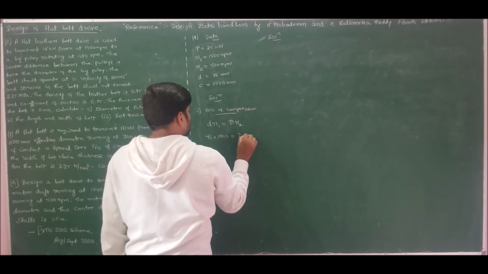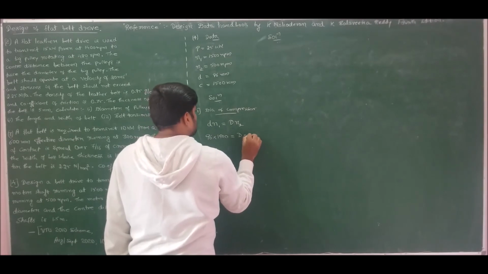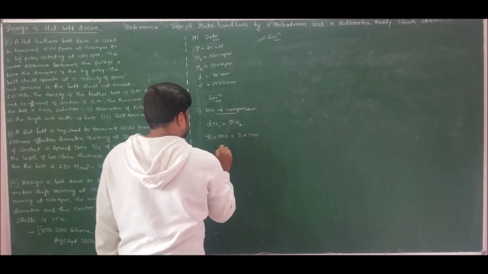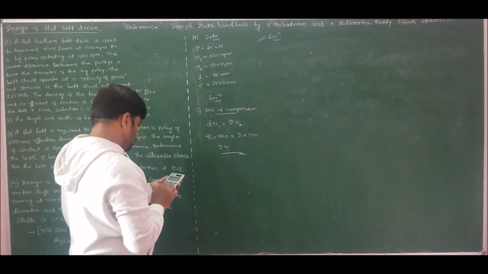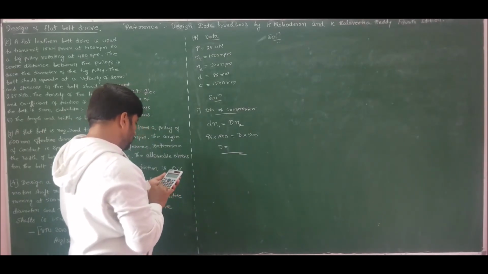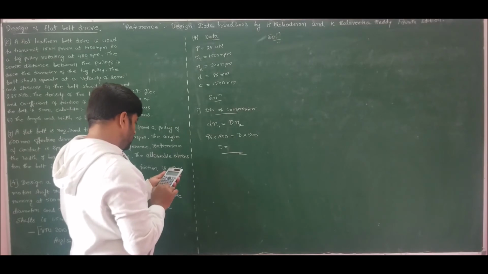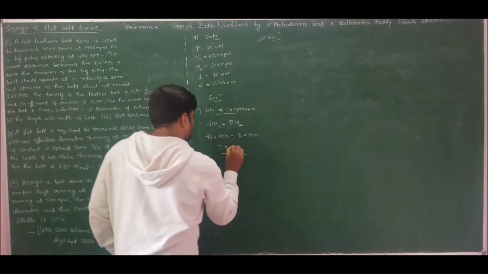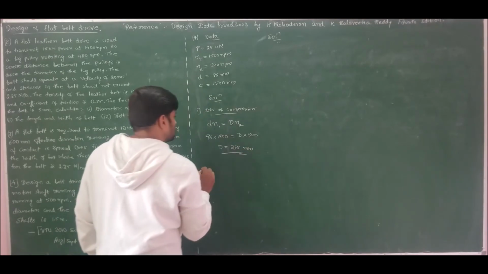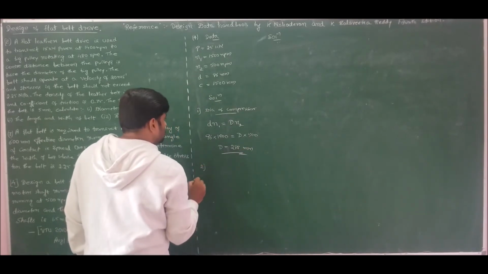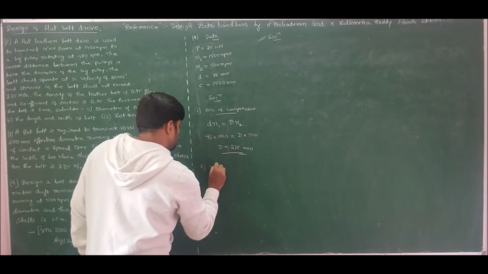Diameter of compressor is unknown, whereas the speed of compressor is 500. So therefore we get the diameter of the compressor as 96 into 1500 divided by 500, which is nothing but 288 millimeters.